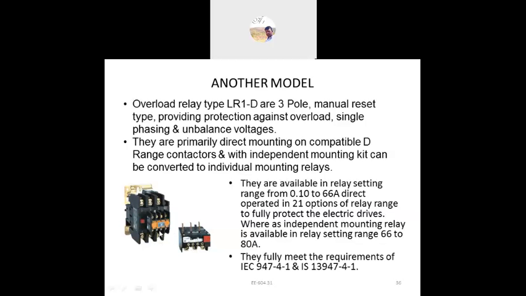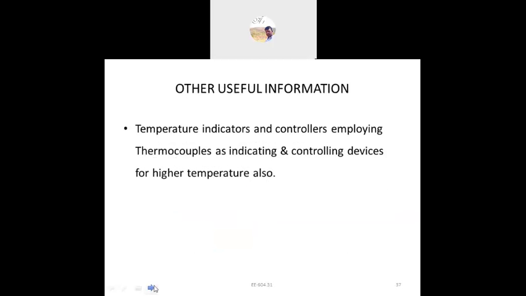For different values, if a fault occurs at 60 amperes, at what time it should open the contact will be set here. Temperature indicators and controllers employ thermocouples. That is useful information about thermal relays.